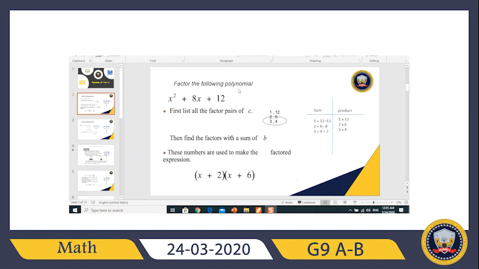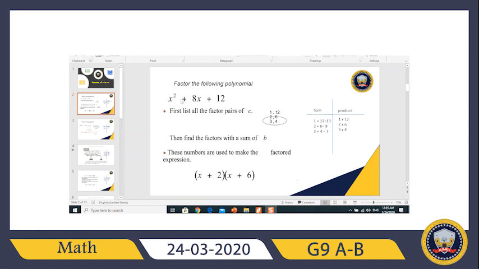Factor the following polynomial: x squared plus 8x plus 12. As we said, this is a trinomial, or this expression consists of 3 terms. First question I have to ask myself: does it have a greatest common factor? Can I take a greatest common factor from these 3 terms?